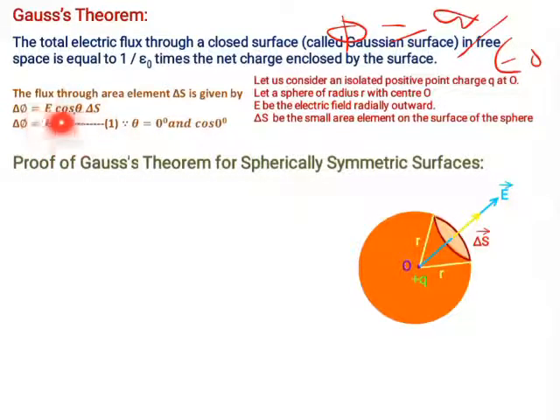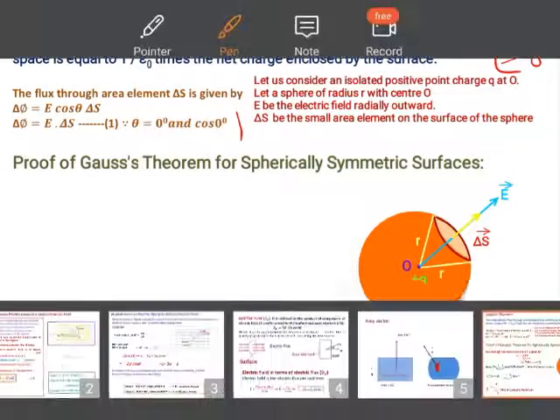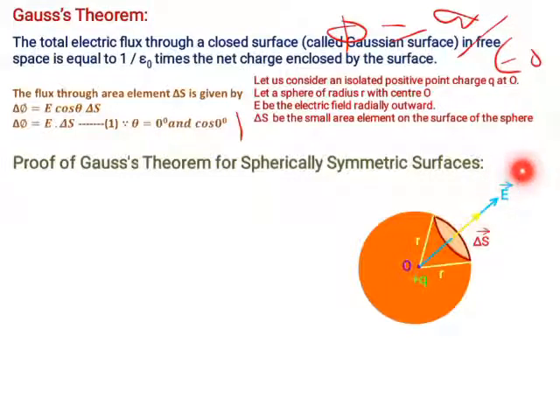Why not here cos theta? Because theta, suppose we assume theta is equal to 0 degree, then cos 0 is equal to how much? It is 1. Why is cos 0 equal to 1? Just carefully see the direction of electric field E and this yellow color line that shows direction of area vector or surface area.